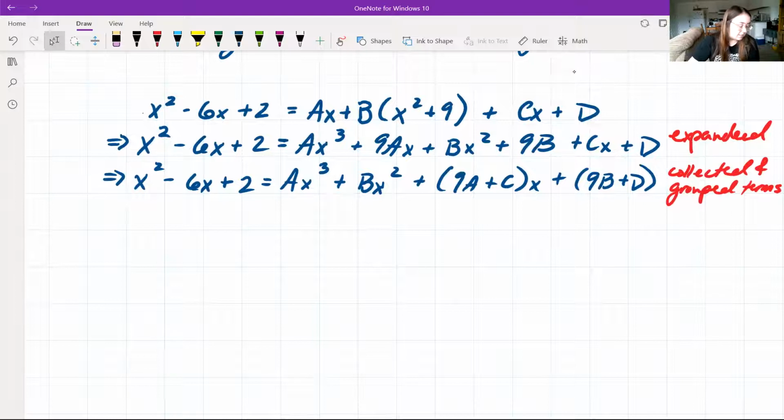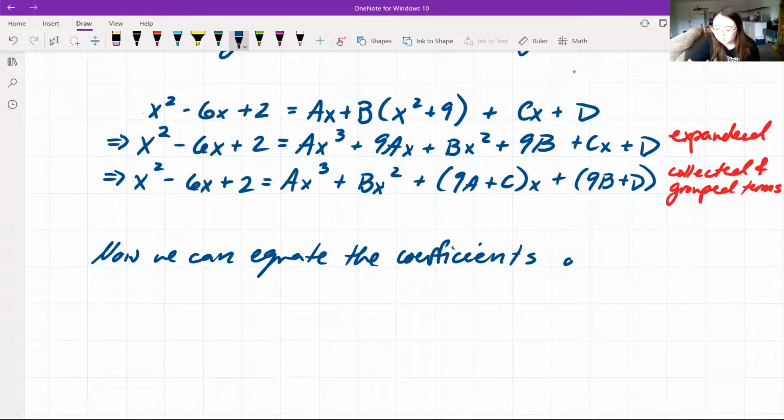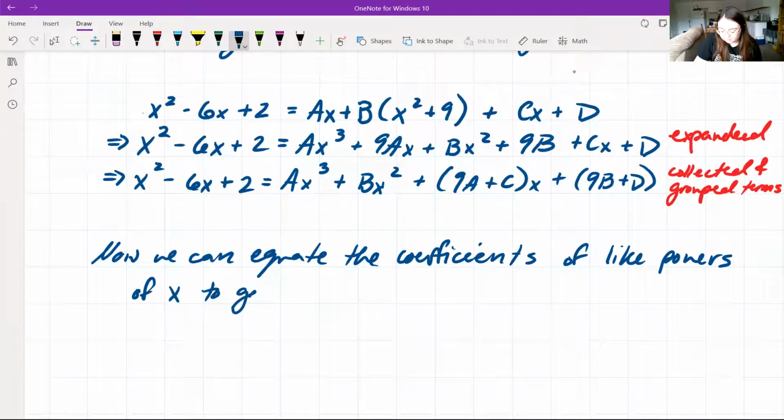And we did this so that now we can equate the coefficients of like powers of x to get our system of equations.